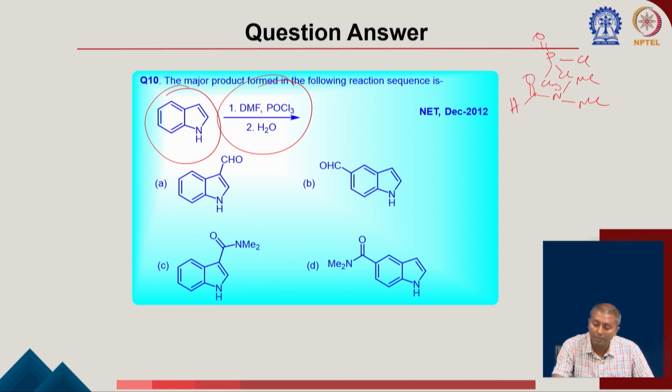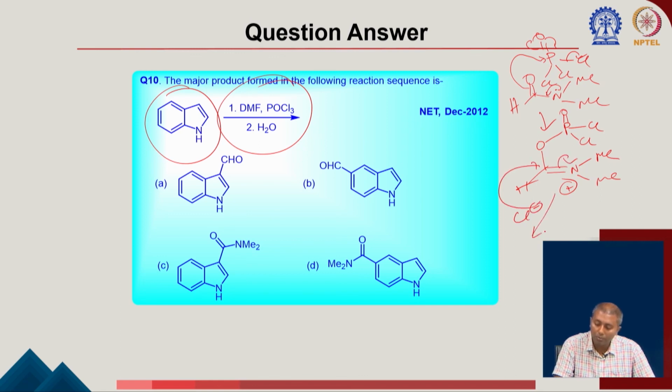So what is going to happen? You can think about this reacting through the oxygen, getting rid of the chlorine, formation of this iminium species with OPOCl2, and then you have a Cl minus which is going to come back and attack here, and this is going to generate your species with a chlorine and with an OPOCl2.